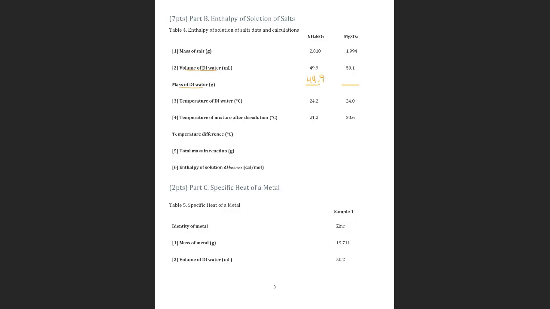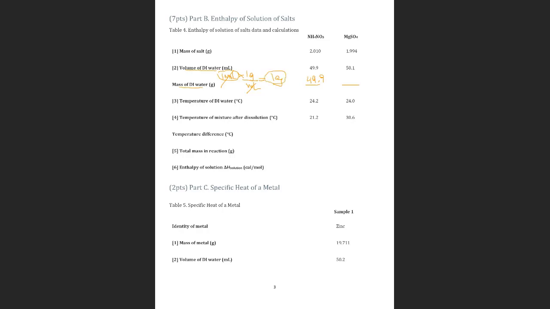It's exactly the same. Because what they are saying is you have 1 ml of water, and the density is 1, which means 1 gram per milliliter. So the number is going to be the same. 1 ml is going to be exactly 1 gram.